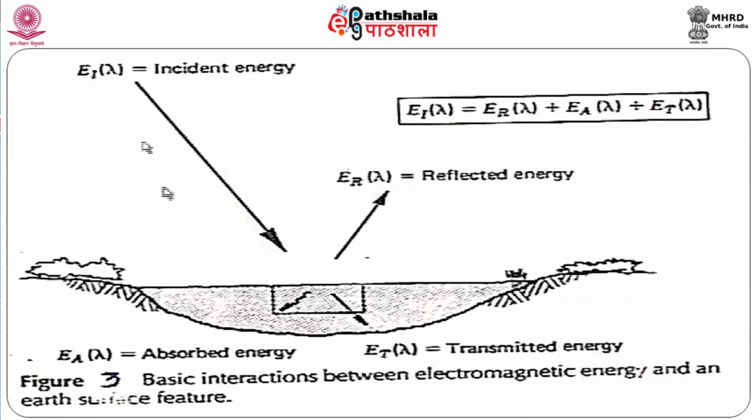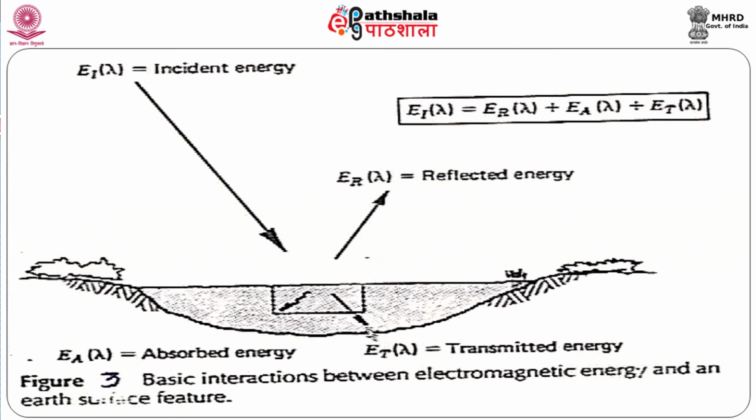Now let us see in detail, in general rather, what kind of energy we have. This is your incident energy, that is the energy which is released by the sun and reaches the surface. It is independent of anything which is beneath, whether you have a water body or a land or whatever object beneath, it is not worried. This energy is getting reflected here, and as I told you, a part of the energy is absorbed here and a part of the energy is transmitted.